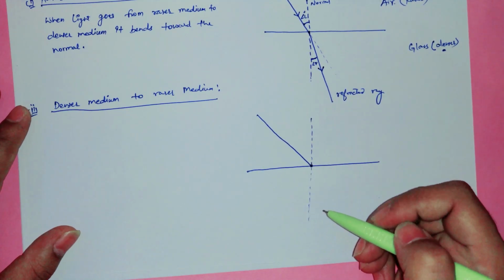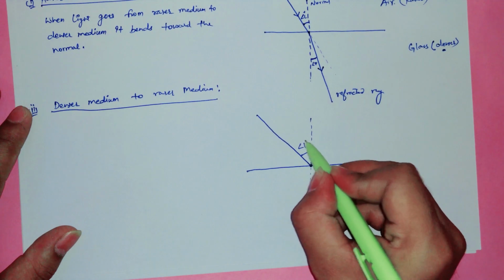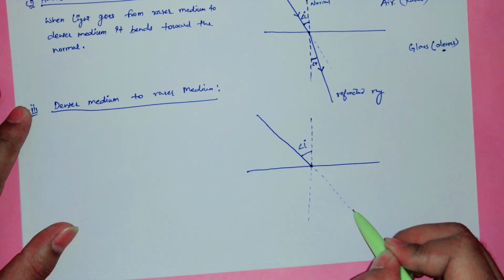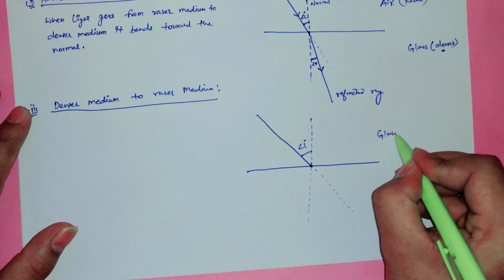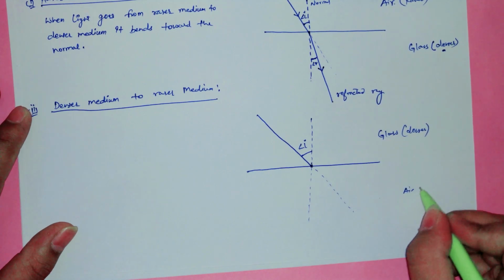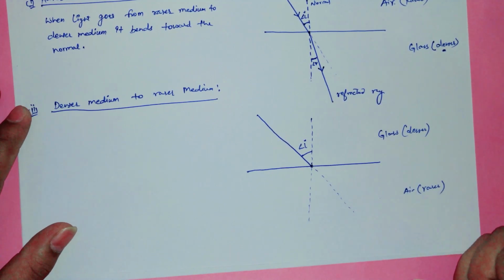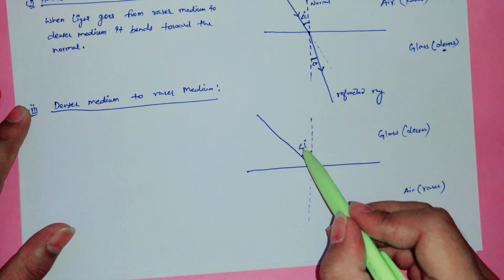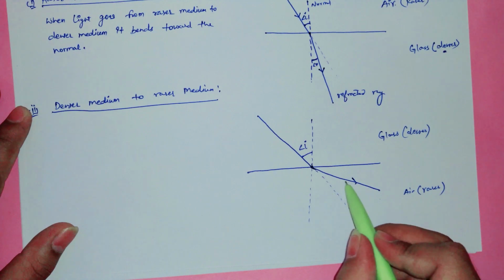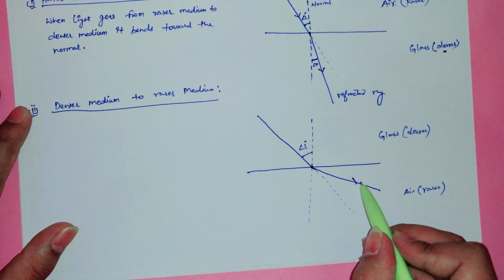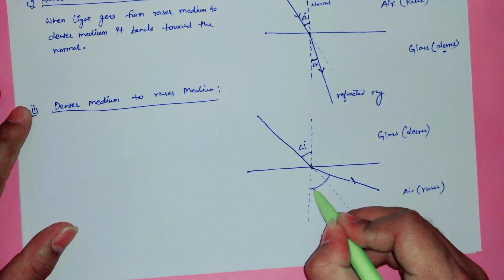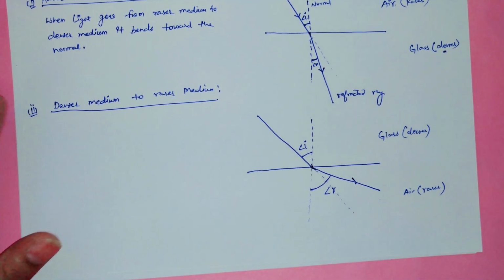So this is angle I. We know that this is angle of incidence. If there is no interface, it should go like this, but since this is glass, which is denser, and this is air, which is rarer, when light goes from denser medium to rarer medium, it bends away from the normal. As you can see, this is above this line, away from the normal. So this total angle is called angle of refraction, angle R.